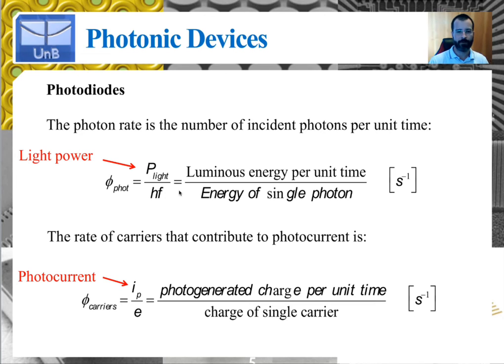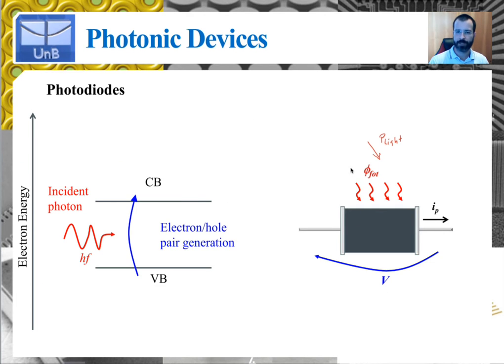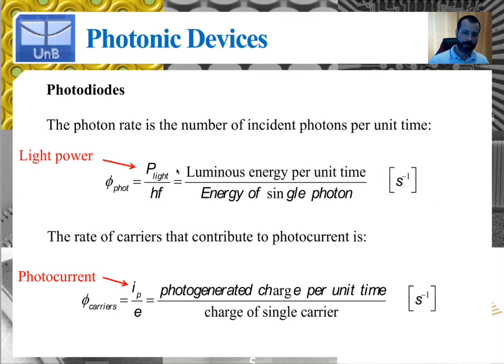The number of photons which are impinging on the device per second or per unit time is obtained in this way, by dividing the optical power by the energy of a single photon, which is this quantity right here. So if this is in joules, because it's equal to energy, and this is given in watts, which is joules per second, we can easily see where this comes from.